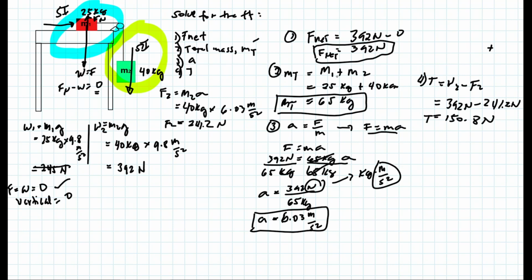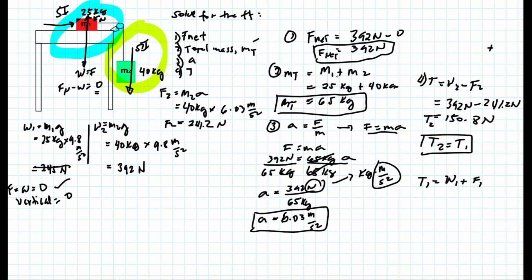Keep in mind, gentlemen, that tension 2 should be equal to tension 1, since they have the same string. Whatever the value of tension 2 should also be the value of tension 1. So we can check it using tension 1, system 1. For tension 1, we have W1, this time it's plus, and then F1.